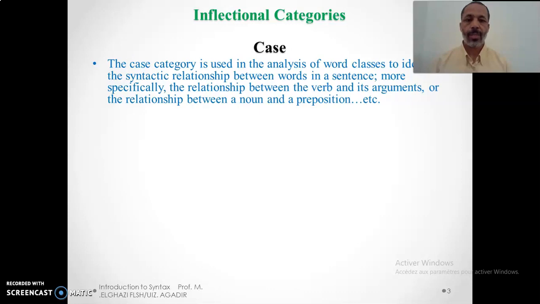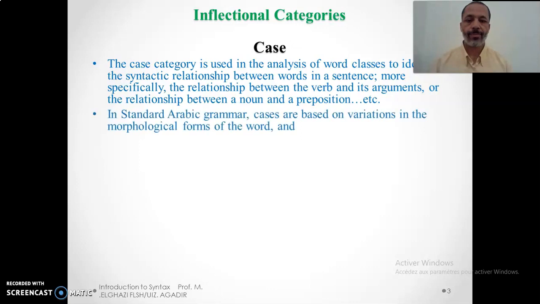Because as you know, every verb has arguments, external arguments and internal arguments. By external arguments, we mean the subject. By the internal arguments, we mean the object, whether it is direct object or indirect object or any kind of complement. For prepositions, all the prepositions have a noun phrase which is assigned an accusative case.